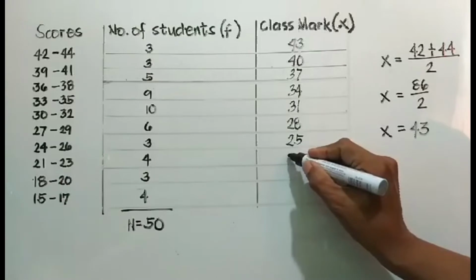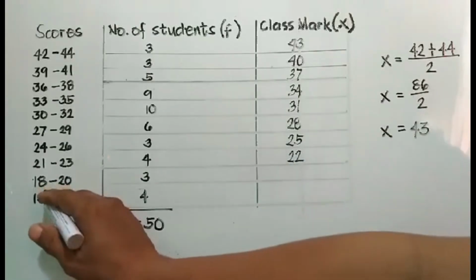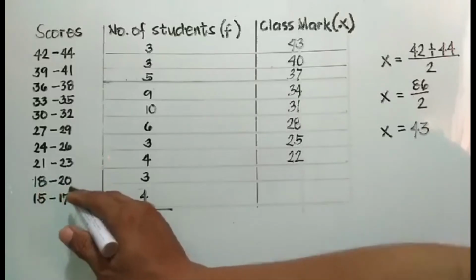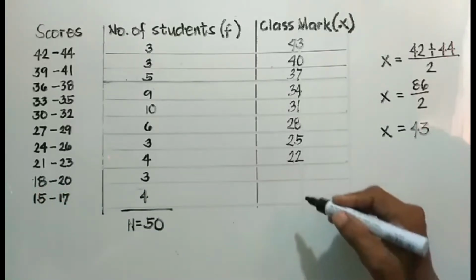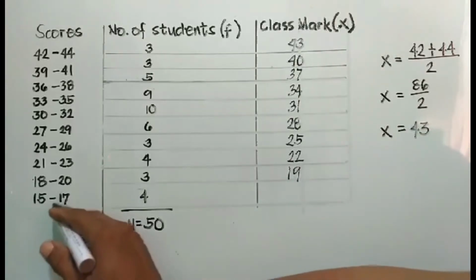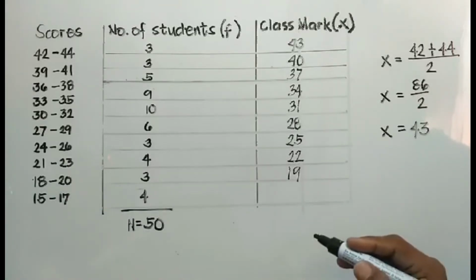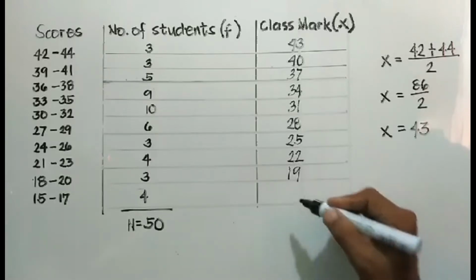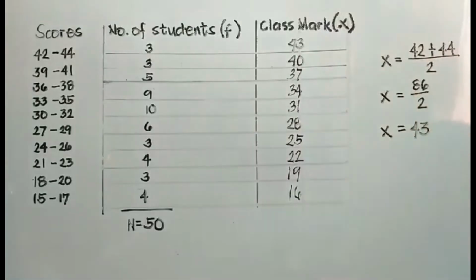Divided by 2, 22. 18 plus 20, 38. Divided by 2, 19. And 15 plus 17, ilan yon? 32. Divided by 2, 16. So, yun yung ating class mark.